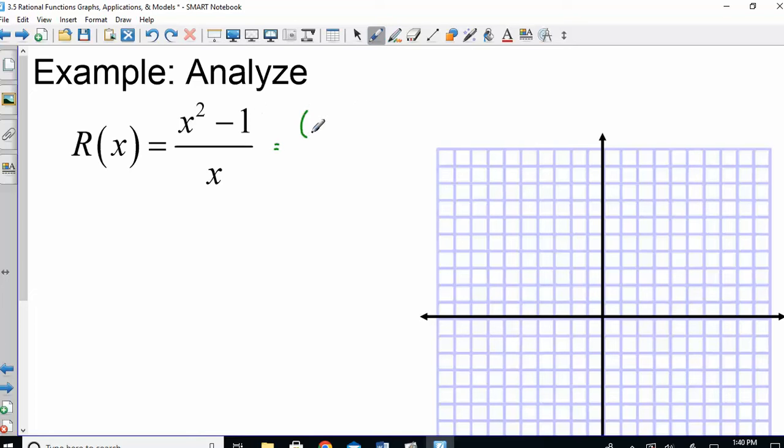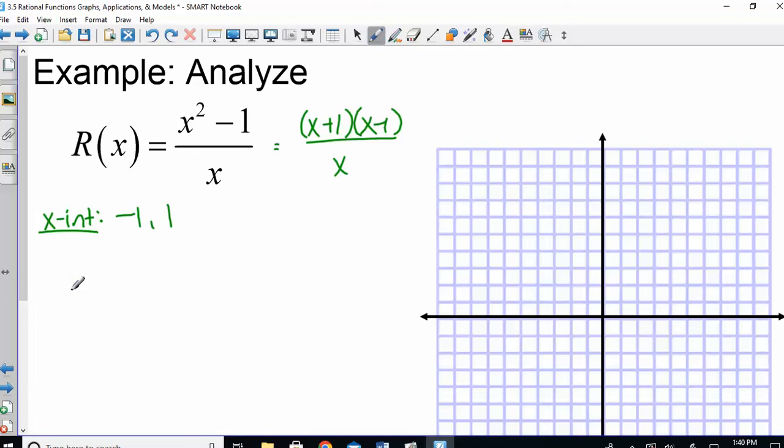So step 1, factor. What do you do with x squared minus 1 over x? Nothing I can do with that. Does anything cancel? Nope. So then we move on, x-intercepts. What is the fast way to find an x-intercept? What makes the top 0?